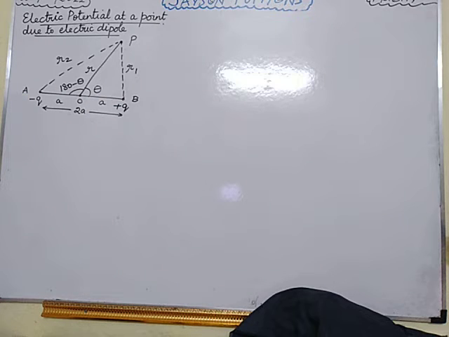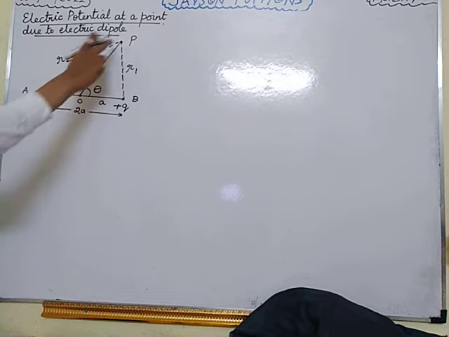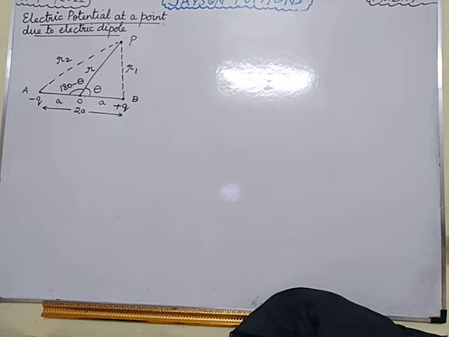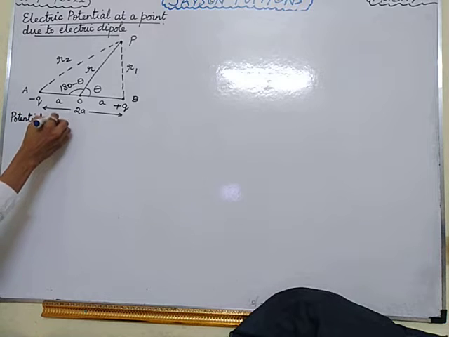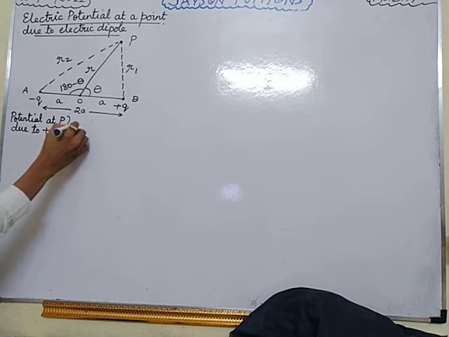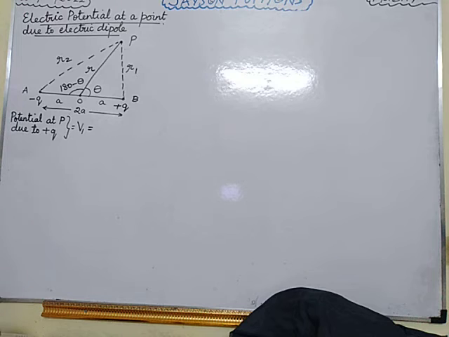We are going to calculate the electric potential at this point P due to the dipole AB. The minus Q charge will give one potential and the plus Q charge will give one potential, and then we add both. First, the potential at the point P due to the plus Q charge, I am going to keep as V1.